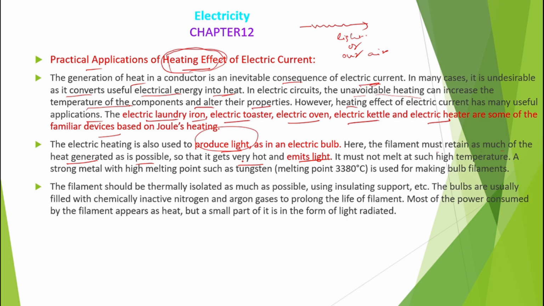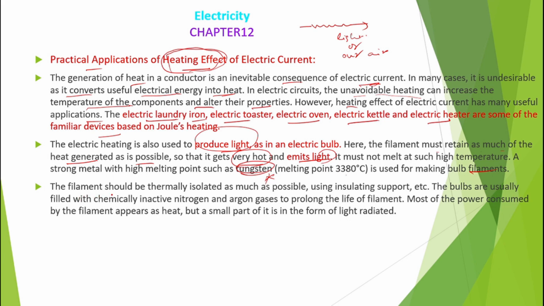Some portion of electric energy is converted into light, and some portion makes the filament hot. So it must not melt at such high temperatures. So a strong metal with high melting point such as tungsten, this may be asked in examination, melting point 3380 degree centigrade, is used for making bulb filaments.